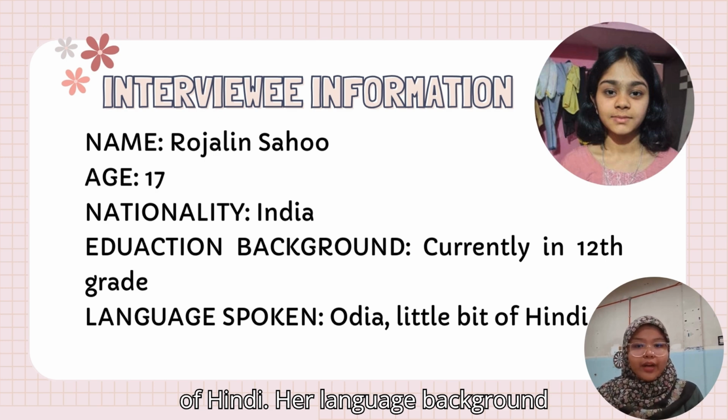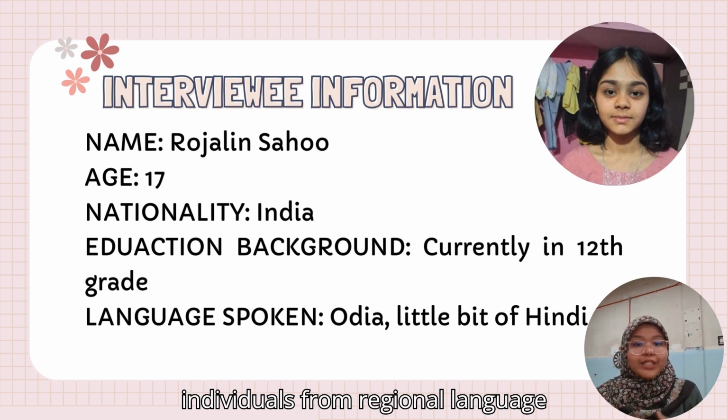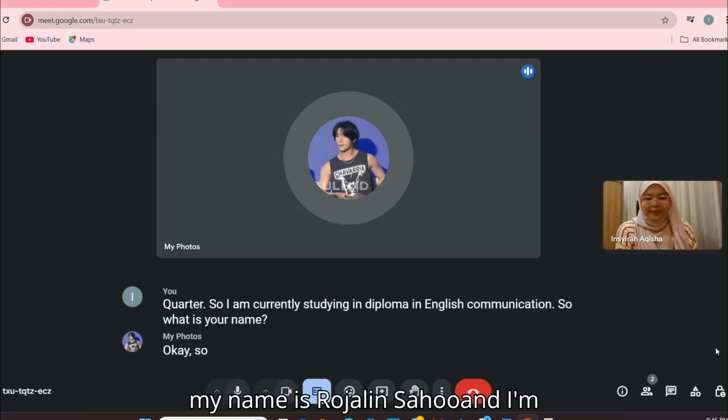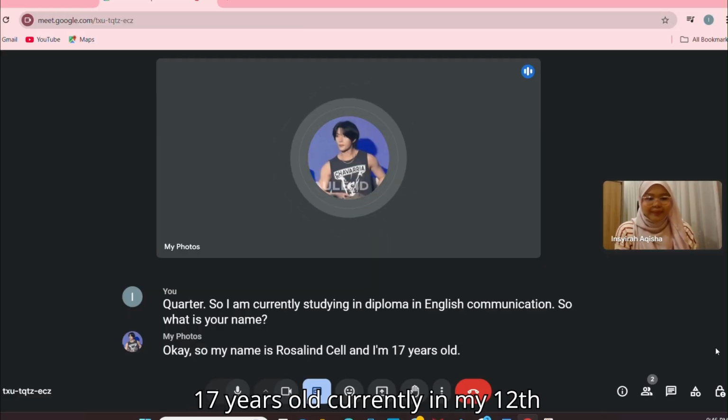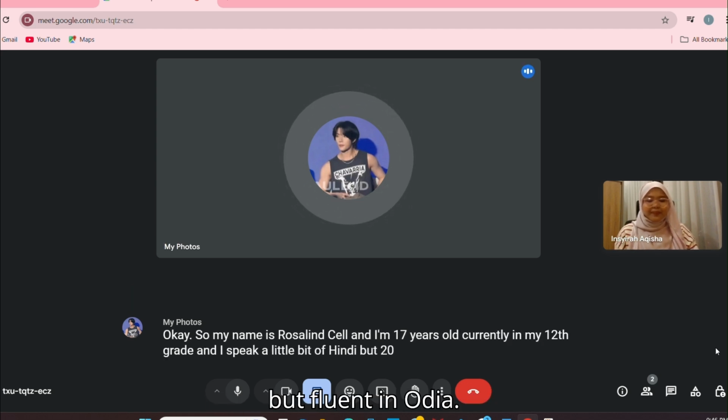Her language background provides valuable insight into how young individuals from regional language backgrounds engage in code mixing. My name is Rosalind Sahu and I'm 17 years old, currently in my 12th grade, and I speak a little bit of Hindi but I'm fluent in Odia.